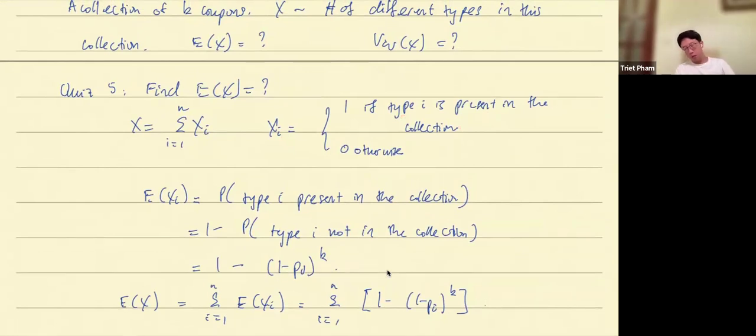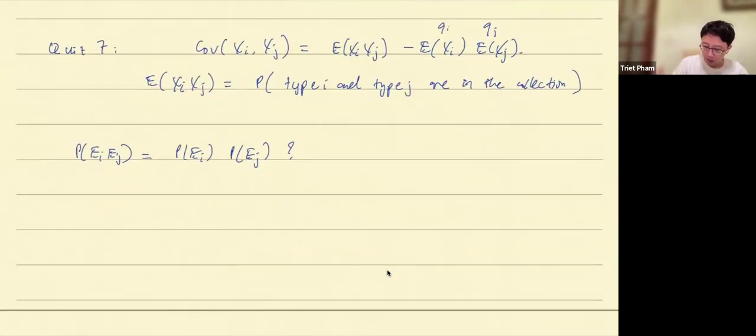What's the reason? One simple reason is that if all coupons are of type i, then clearly type j cannot be in the collection because all coupons are already of type i. So type i and type j being in the collection should not have 0 correlation. Anyway, the answer is no.